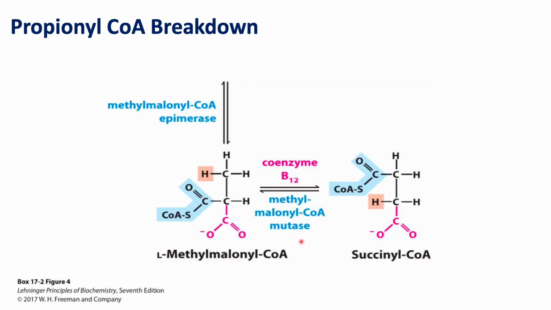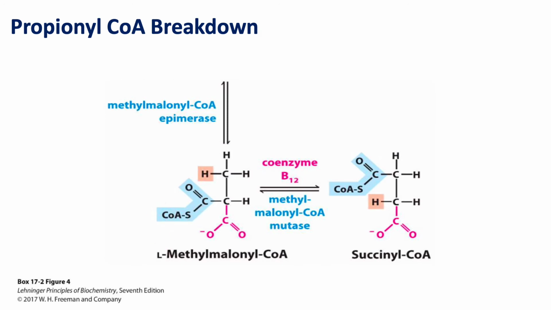So now this Methylmalonyl-CoA is first converted into L-methylmalonyl-CoA. This is done with the enzyme Methylmalonyl-CoA epimerase. So what's happening is that the coenzyme A that was over here initially is passed on to over here.